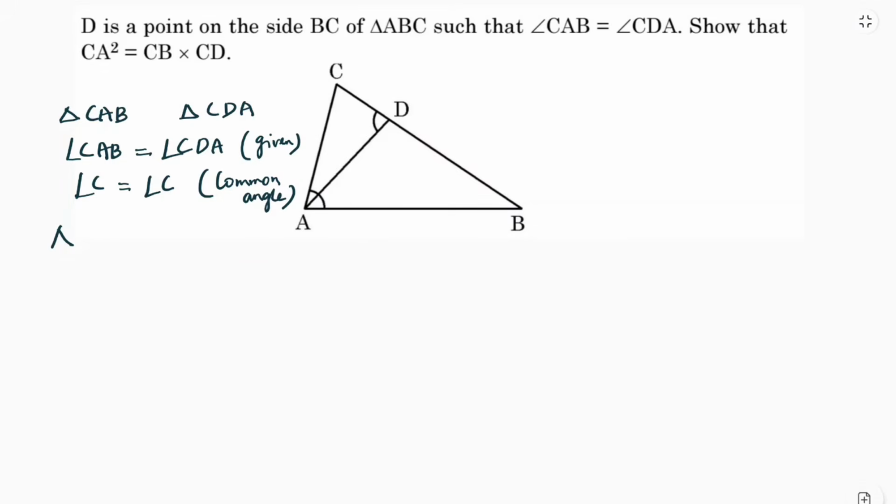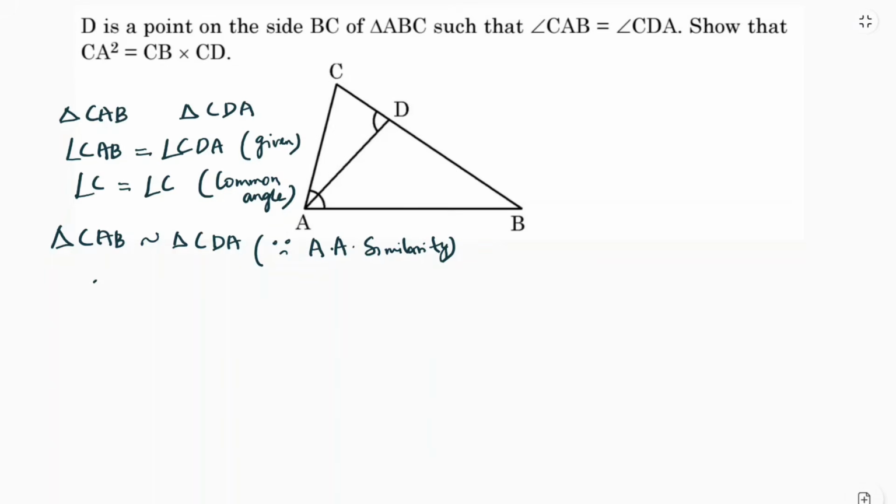Now triangle CAB is similar to triangle CDA, by angle similarity. So corresponding sides are proportional. If the triangles are similar, corresponding sides are proportional.